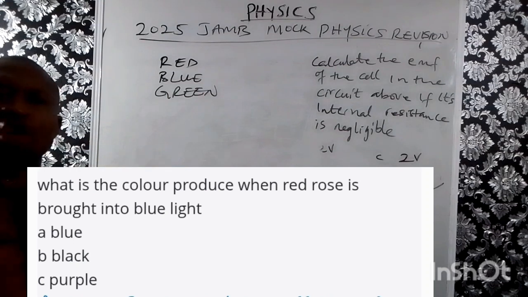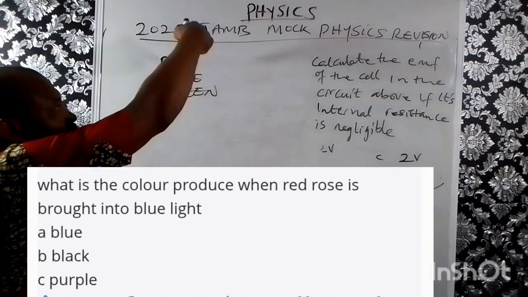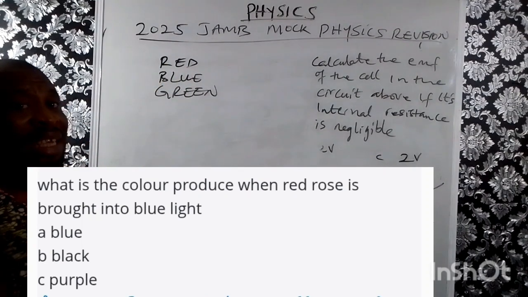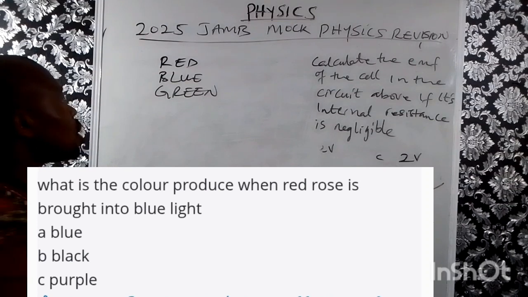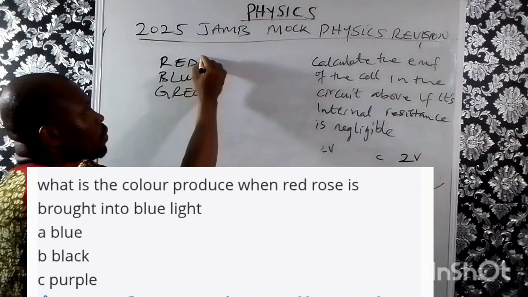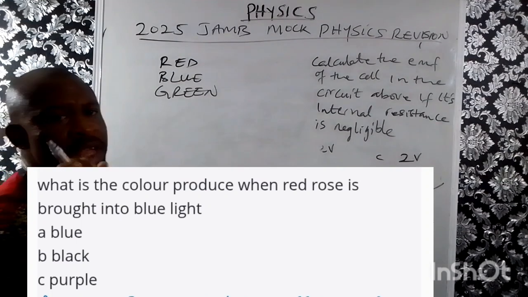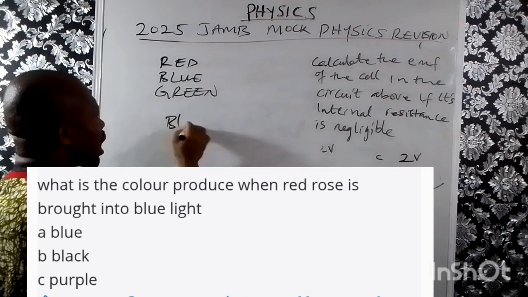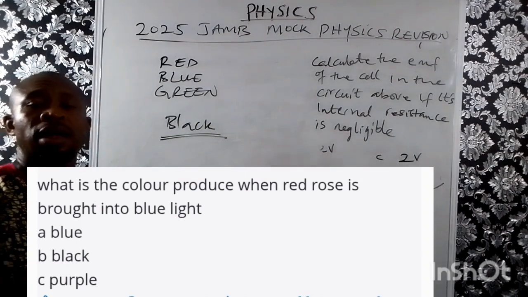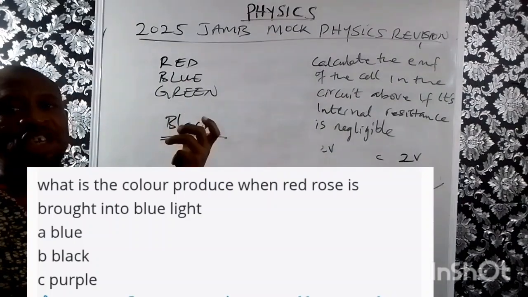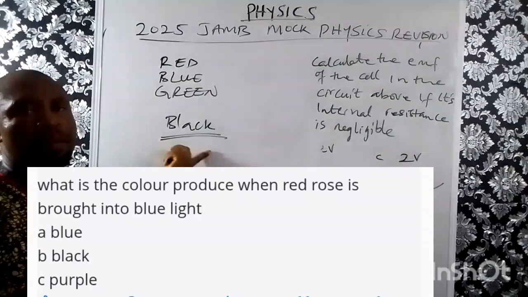Now, in a situation whereby instead of white light falling on it, blue light is now shone on this red rose, all of these 3 will now be absorbed, and the only color that will be reflected is black. That is what you will see. So, in other words, when blue light is shone on a red rose, it appears black.